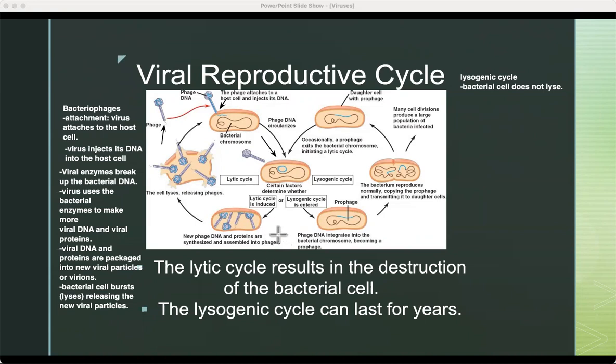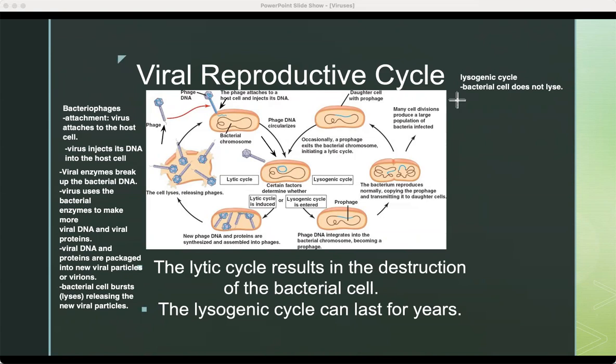Now, it says certain factors determine whether the lytic cycle is induced or the lysogenic cycle is entered, meaning that once a bacterial cell is infected with this phage DNA, it can either enter the lytic cycle, where it will burst, or the lysogenic cycle that it can remain in for years. And it just depends on environmental cues, like say if there's stress in the environment.